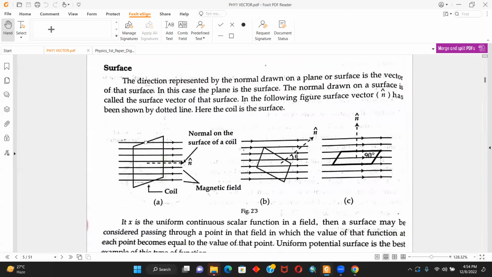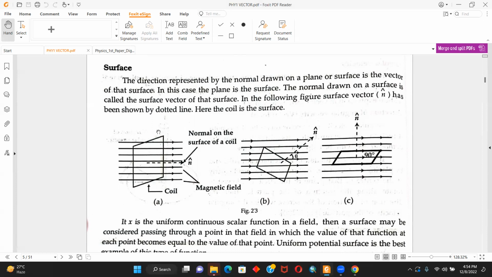Now, what they're saying, surface. The direction represented by the normal drawn on a plane or surface is the vector of that surface. Say, in this case, the vector or the direction of the surface is from left to right.